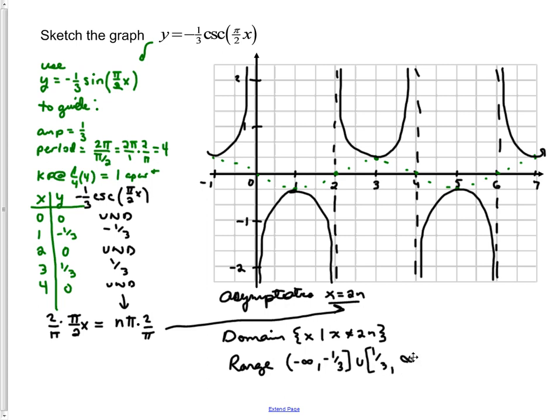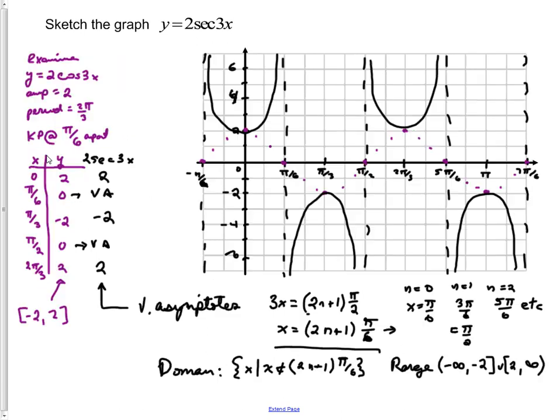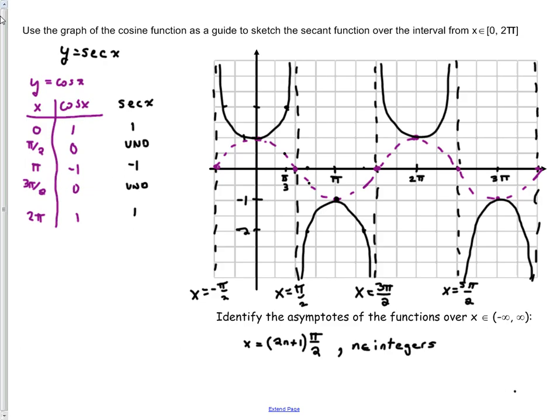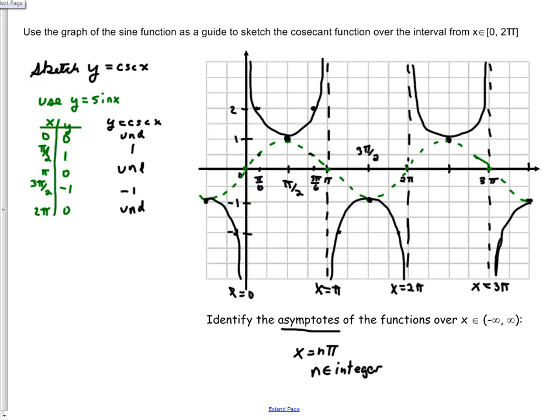to positive infinity. Now, one quick word right here about the range, and I've gone through it now twice with this cosecant function, with our secant function, and with our basic cosecant, secant functions. In sine and cosine, there's always an amplitude. What could we say about cosecant?